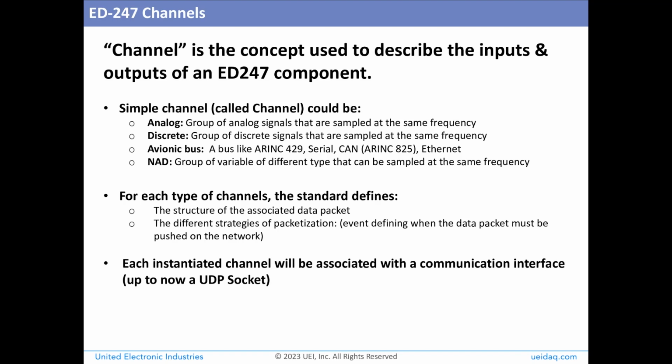Message-based buses such as CAN or ARINC 825, ARINC 429, serial, and more are also supported. For each type of channel, the structure of the data packet is defined by Vistas, as well as how the data is, quote, packetized. Each channel is associated with a communication interface, currently a UDP socket, but the standard has room for expansion, as we will see.